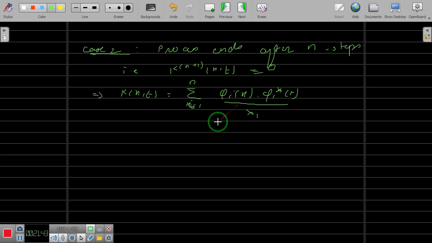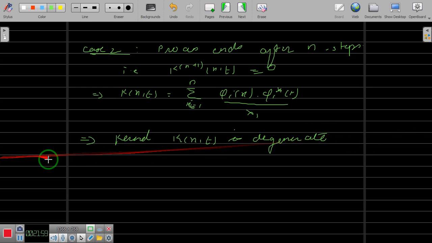And what we have achieved here is that the kernel k of x comma t is a degenerate kernel, or we can say separable. That means you can write it as a finite sum of functions of x times functions of t.